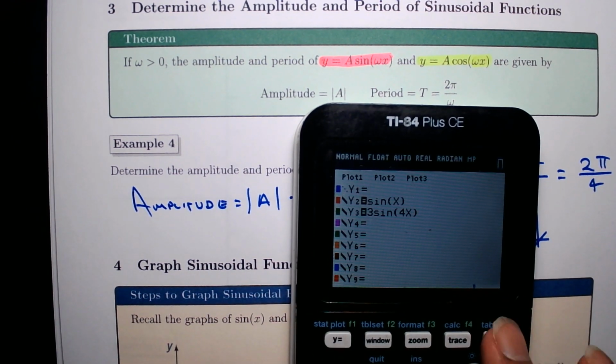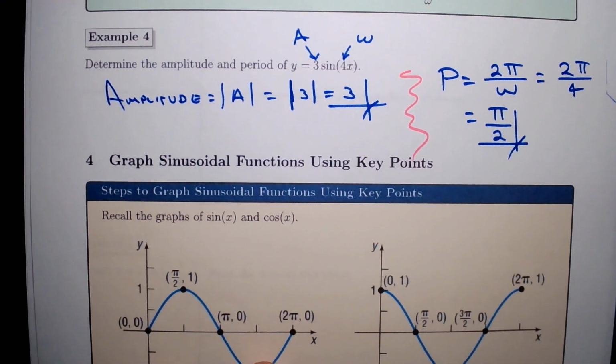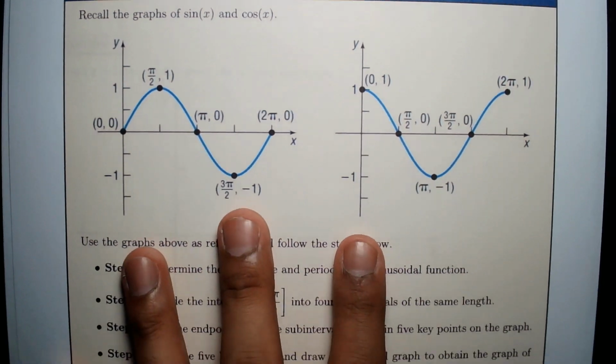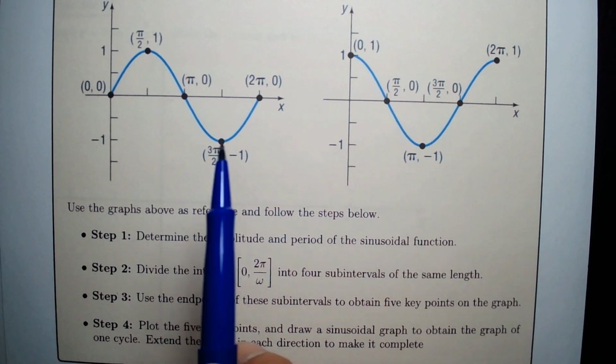Okay, let me leave you with the picture again. All right. So now let's graph sinusoidal functions using key points. There's a really nice procedure here that asks you to divide the interval into 4 sub-intervals of the same length. I will do that in the way I do this.